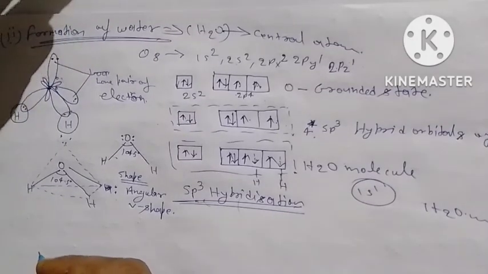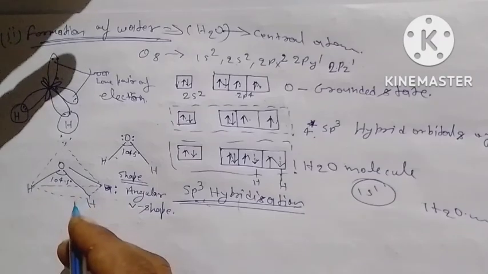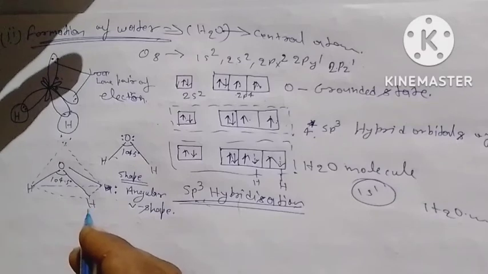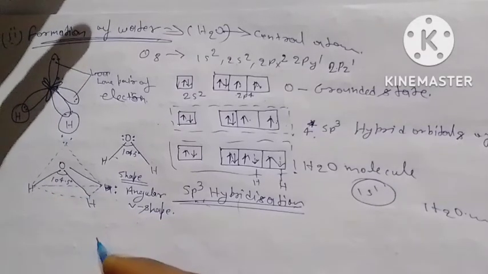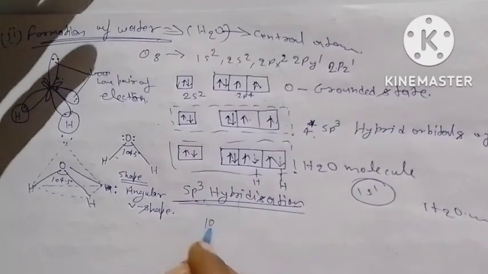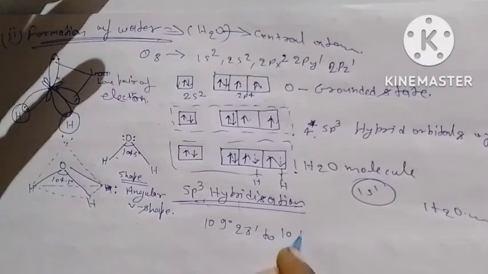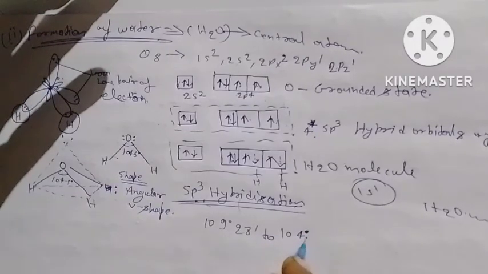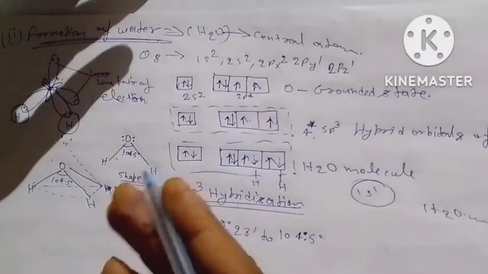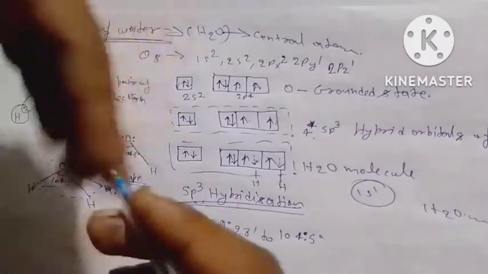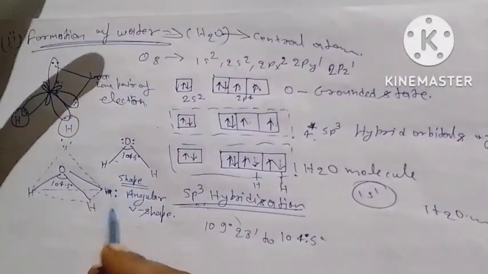The two corners of the tetrahedron are occupied by 2 lone pairs. The presence of 2 lone pairs distorts the normal tetrahedral bond angle of 109 degree 28 minutes to 104.5 degrees. The shape of the H2O molecule becomes V-shaped or angular.